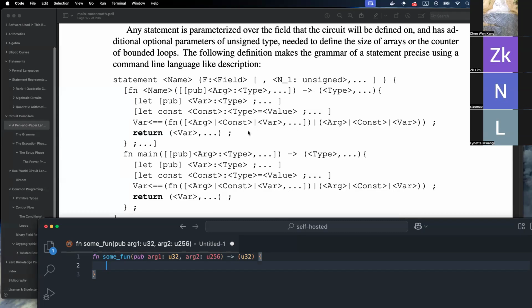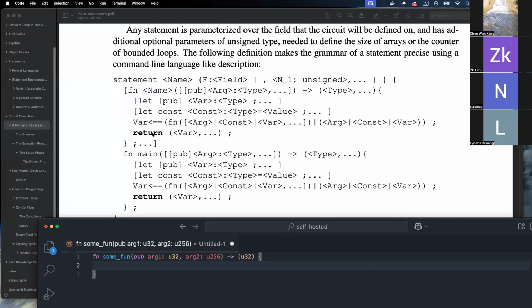I believe this is a constraint, some variable that is assigned to another function, or just arguments, constants, or variables. So I think this is just a variable in a function that can also be pointing to a function, or to other variables or a constant assignment. I believe that's what this is.